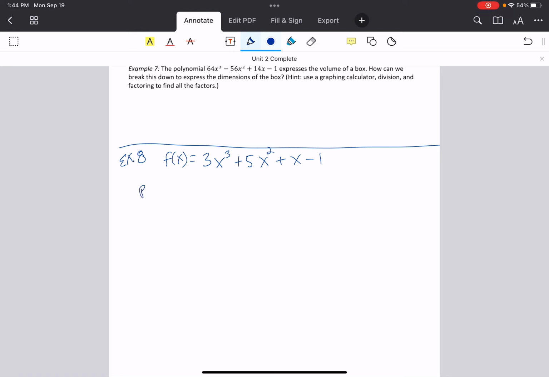So right now I'm looking for my possible roots. Positive and negative 1. That's the factors of my constant, right? And then I'm going to divide those by the factors of my leading coefficient. What is my leading coefficient? 3. What are its factors? 1 and 3.